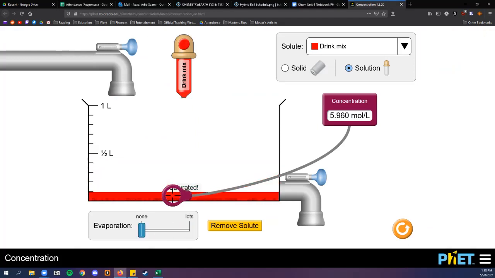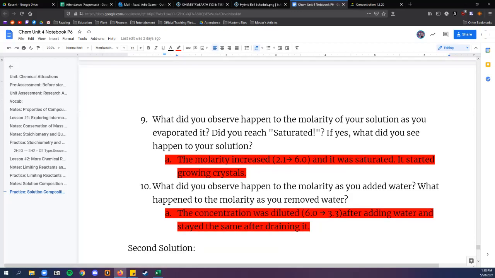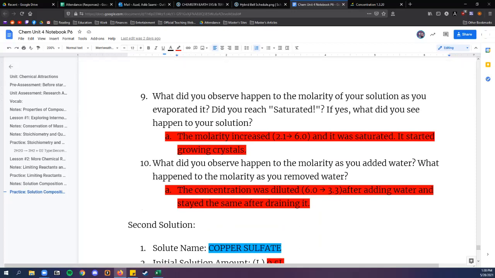Once it's saturated, we see that all these crystals started growing, and it was kind of a lot. That's a sign of a supersaturated solution where crystals start coming out of solution. What happened to the molarity after you added water? Well, it diluted. Ideally, I would have practiced the dilution equation, but we'll do that at a later point, possibly.